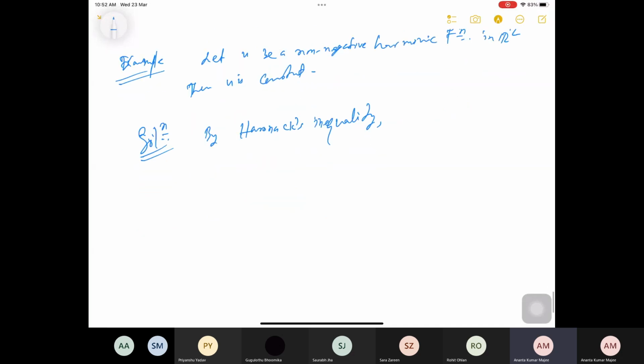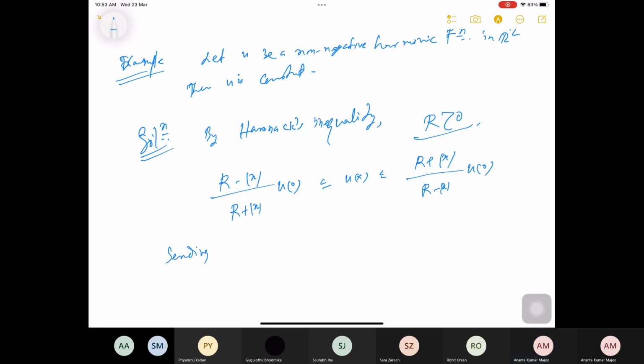what I can say is that for any r positive, I have ((r - |x|)/(r + |x|)) u(0), because I just put n equal to 2 in my previous result, is less than or equal to u(x), which is less than or equal to ((r + |x|)/(r - |x|)) u(0). So now I can send r goes to infinity. Sending r to infinity, what do you have?